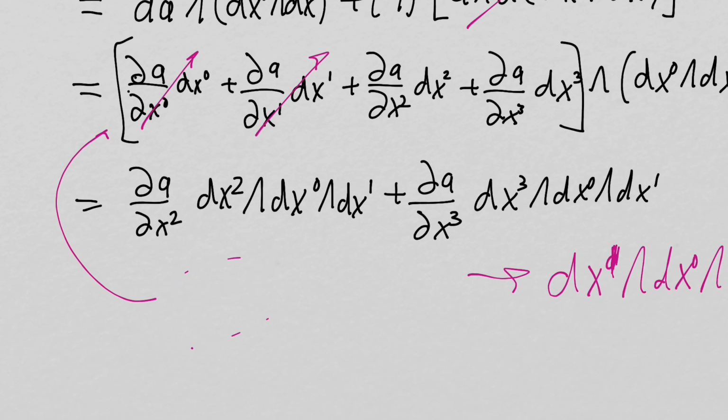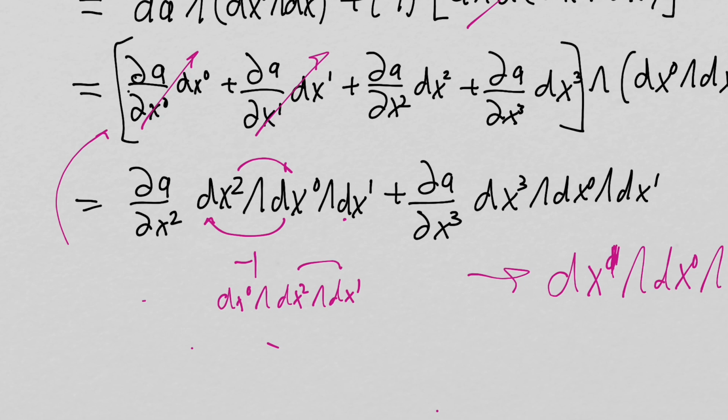That's an important thing to remember, and this is a good chance to review it. I'm glad we did this example. So this, if I move dx0 over here and dx2 over there, that's one swap, and that introduces a sign of -1. And then I have dx0 wedge dx2 wedge dx1.